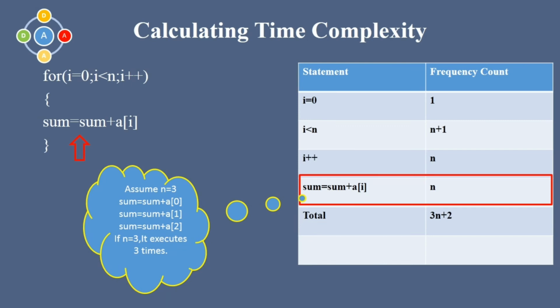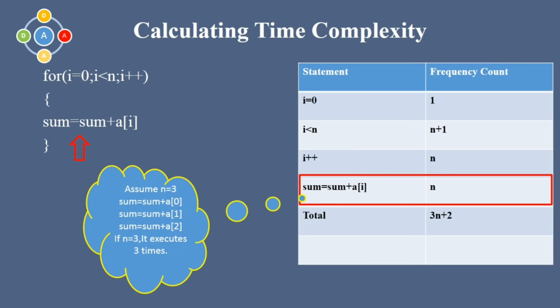After that the i value is incremented to 1. Then it will check the condition 1 less than 3. Yes, condition true. So again it will enter inside the for loop, and again we calculate sum equal to sum plus a[1]. Here we take the previous sum value plus the a[1] value, then store the result in the variable sum.